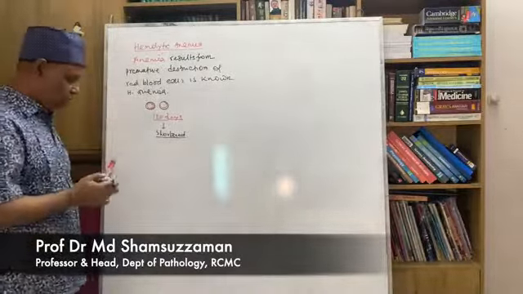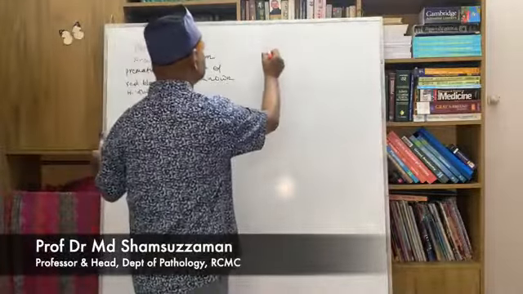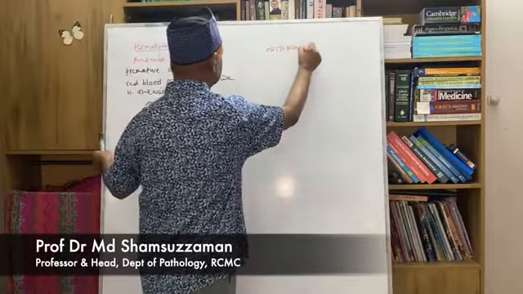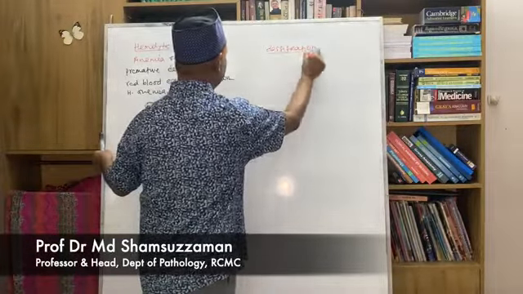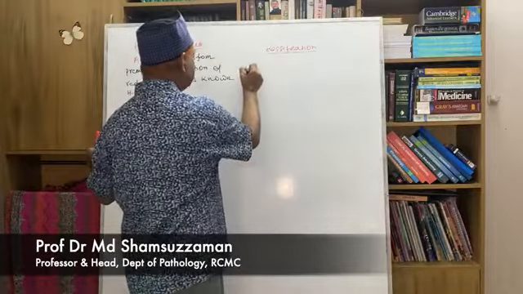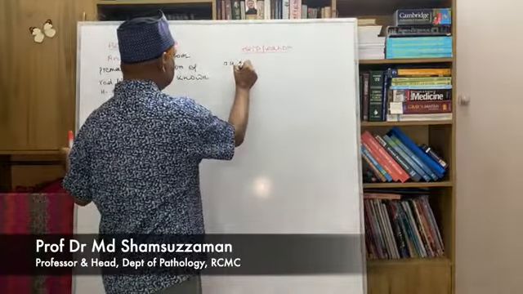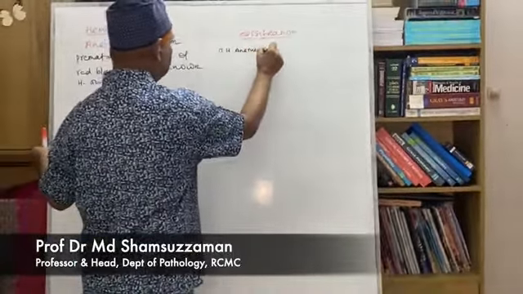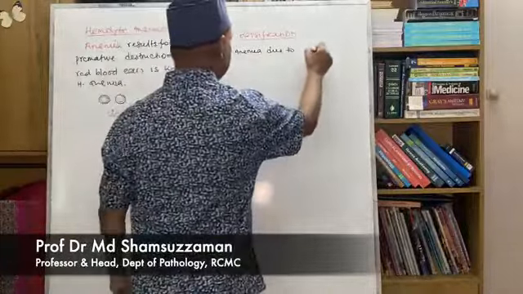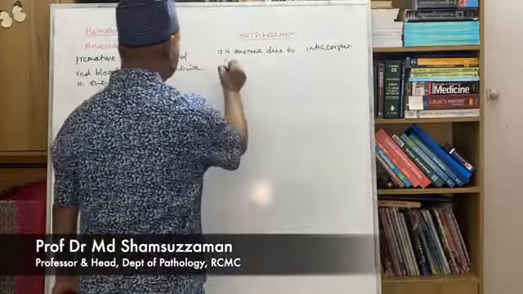Now come to the classification of hemolytic anemia. How to classify hemolytic anemia? It can be classified as hemolytic anemia due to intracorpuscular defect.